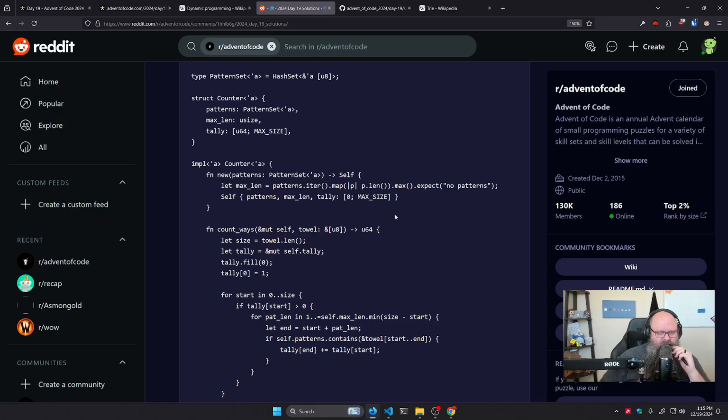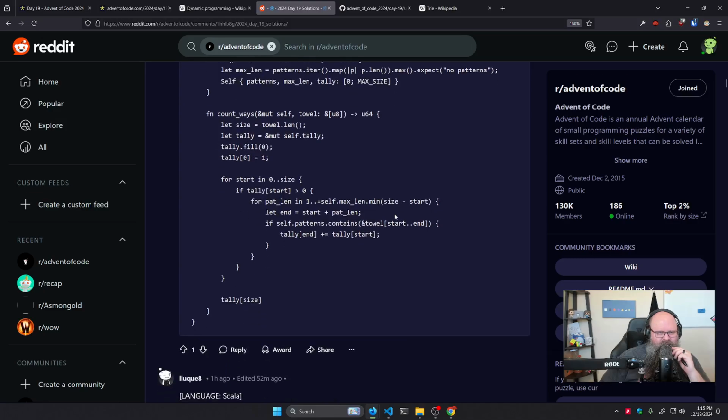Max expect, patterns contains, if tally start for start size, toweling. Oh, he actually tries them all.